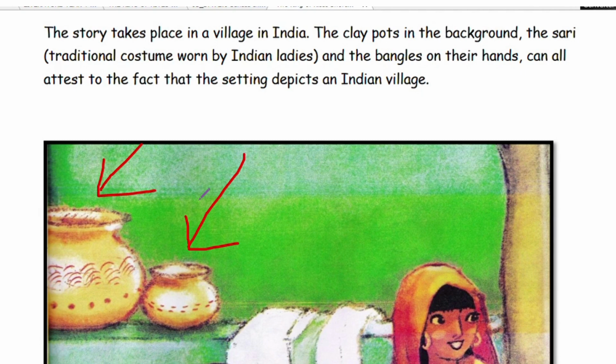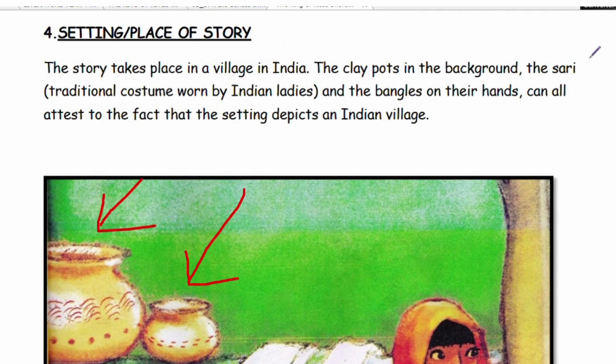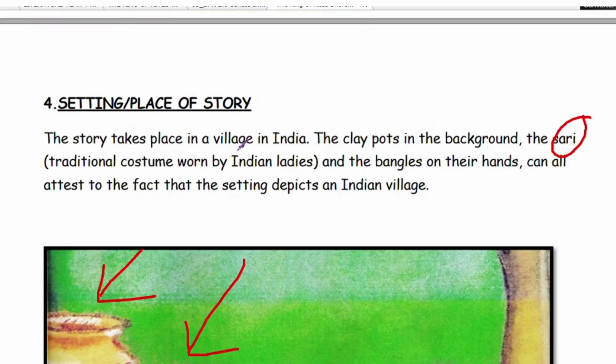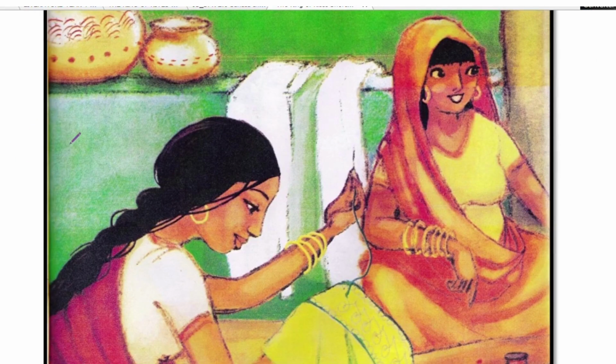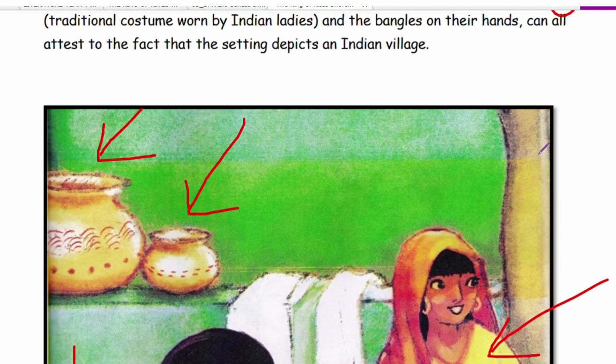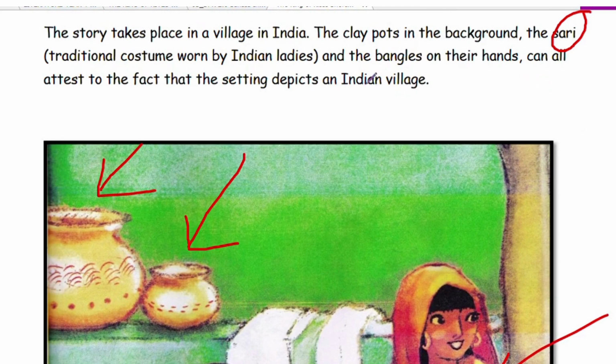And you will also see the ladies in the story wearing sari. Okay, you will see Anil's mother and some other ladies in this story wearing this traditional attire that is called sari. And you can also see the bangles on the hands.